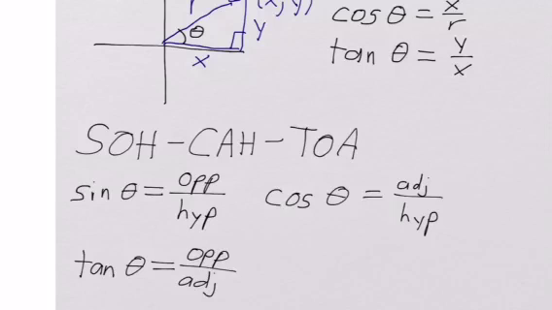Well, now what I'm going to do is I'm going to draw another triangle here. I'm drawing this so that we have the angle theta in standard position. Well, we know that the right angle is 90 degrees. We know this angle is theta.